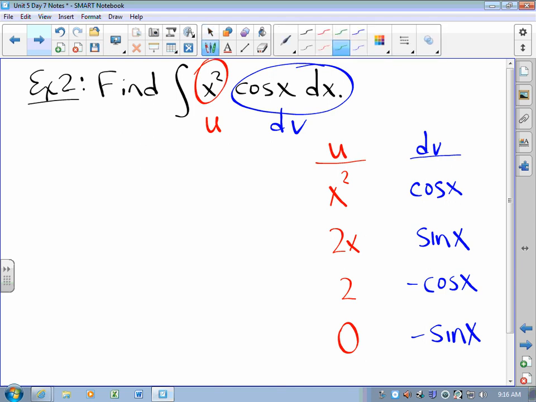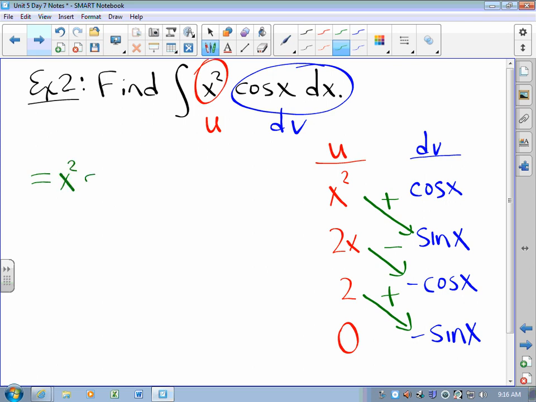And then we take products. Take this product, keep the sign. Take this product, change the sign. Take this product, keep the sign. If there was another one, we'd take that product, change the sign. Keep, change, keep, change, all the way down. So what is our integral?